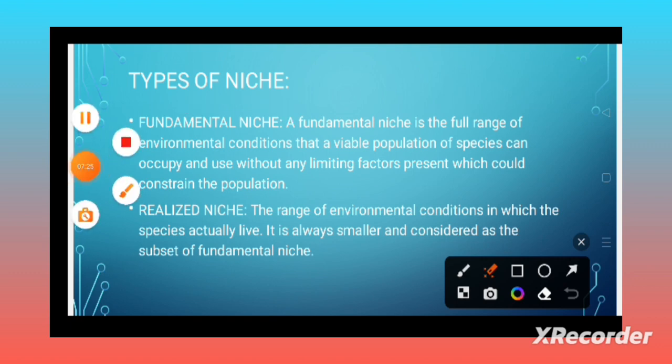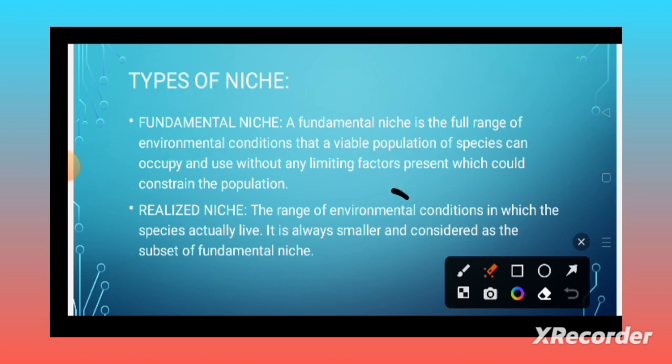In the case of the realized niche, it is the range of environmental conditions in which the species actually lives, in real life. The realized niche is a smaller subset of the fundamental niche. It is smaller than the fundamental niche.